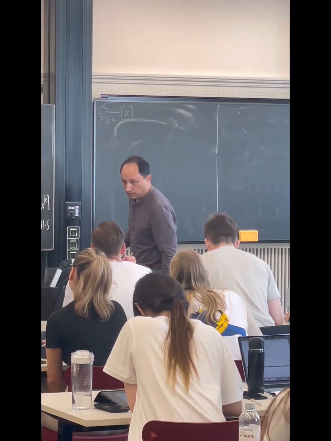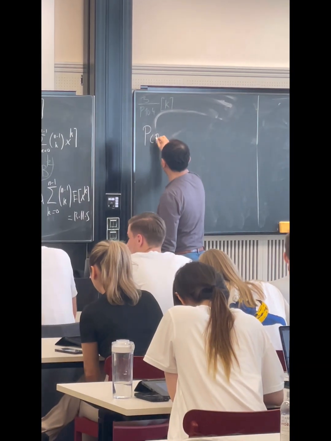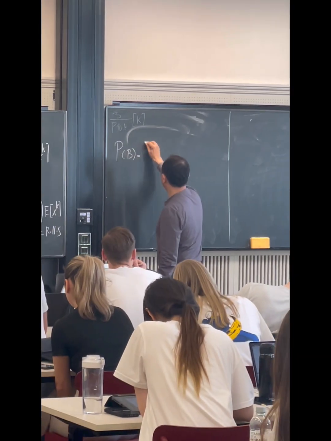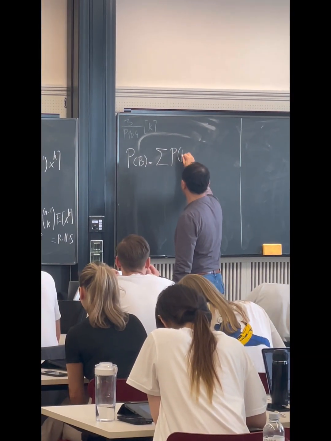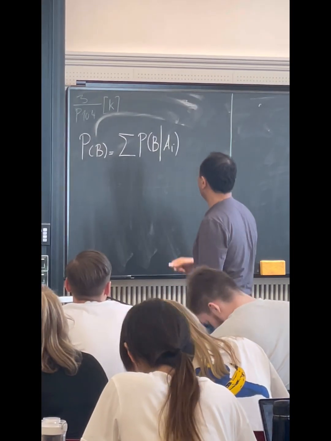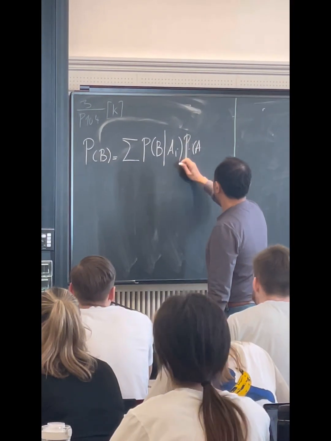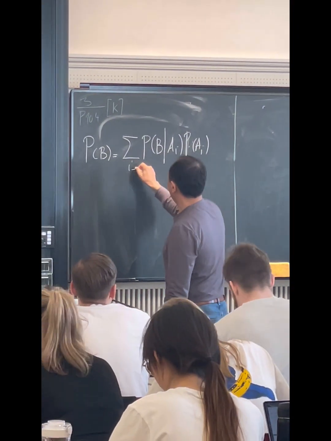And then they want you to prove that the probability of an event E can be written as sigma of the probability of B conditioned on these events A_i, times P of A_i, where i goes from 1 to n.